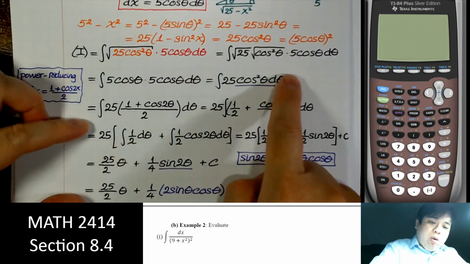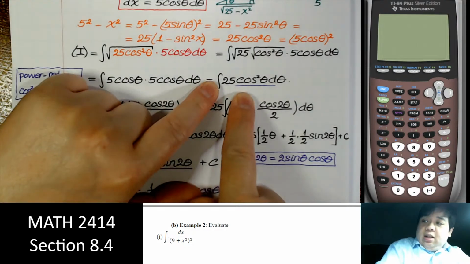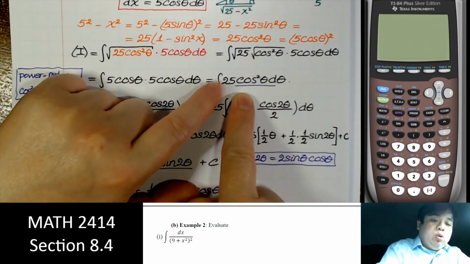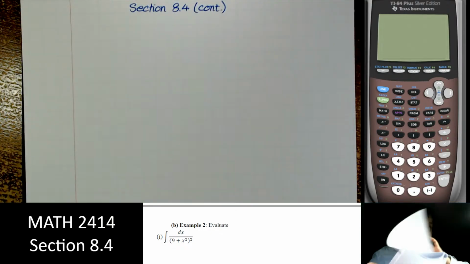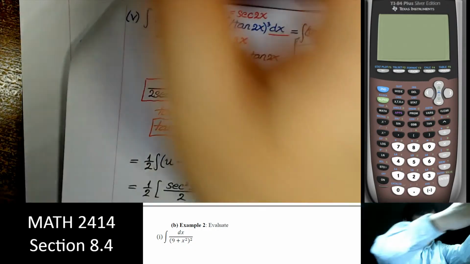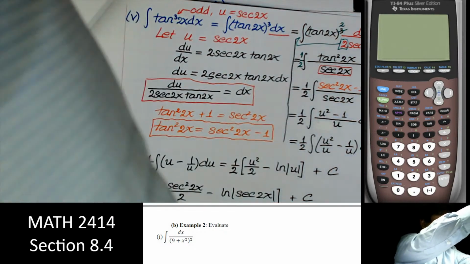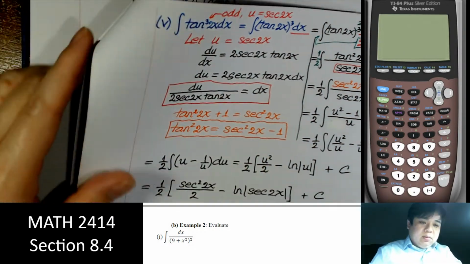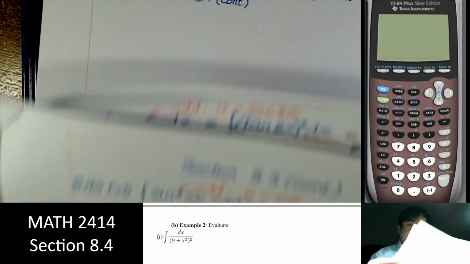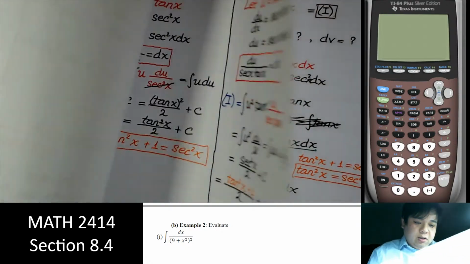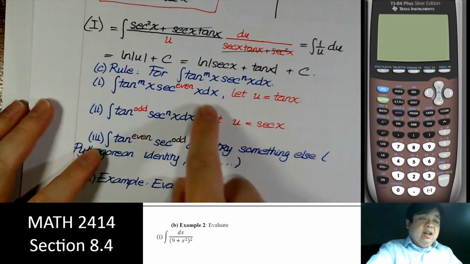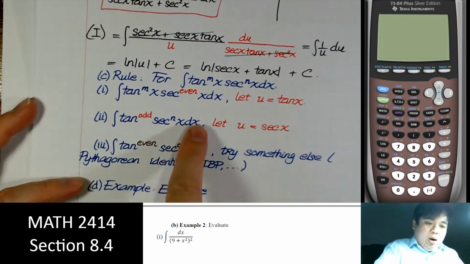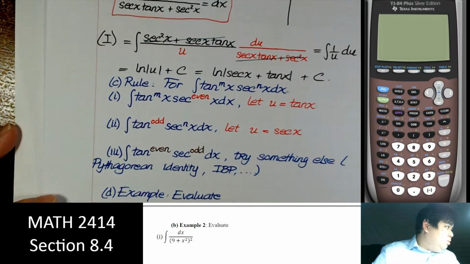And when we get to a problem like this in section 8.3, where we do the integral, this is where we have tangent and secant, whatever is even, whatever is odd.